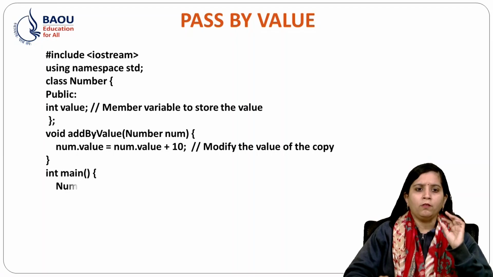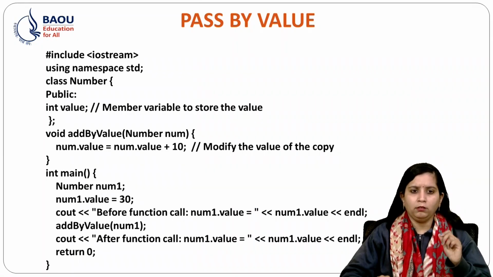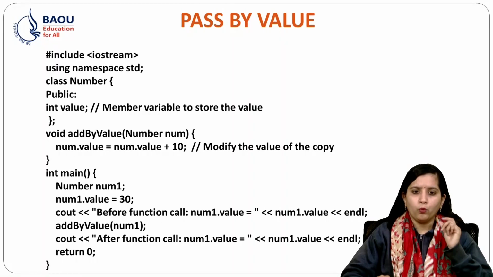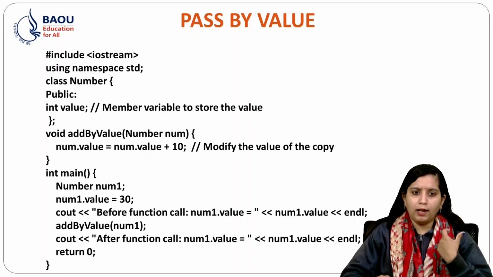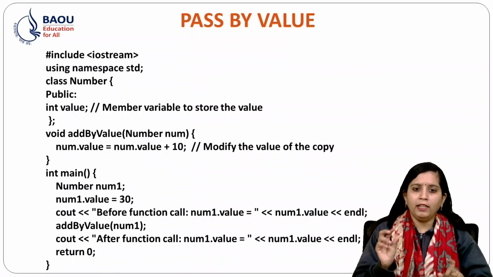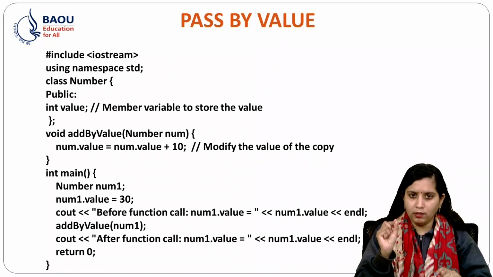So I have created one class which is Number. In the public specifier I have one data member, that is int value, and a member function, that is add by value. In that I have one parameter, that is Number num. What is Number? Number is a class name over here.